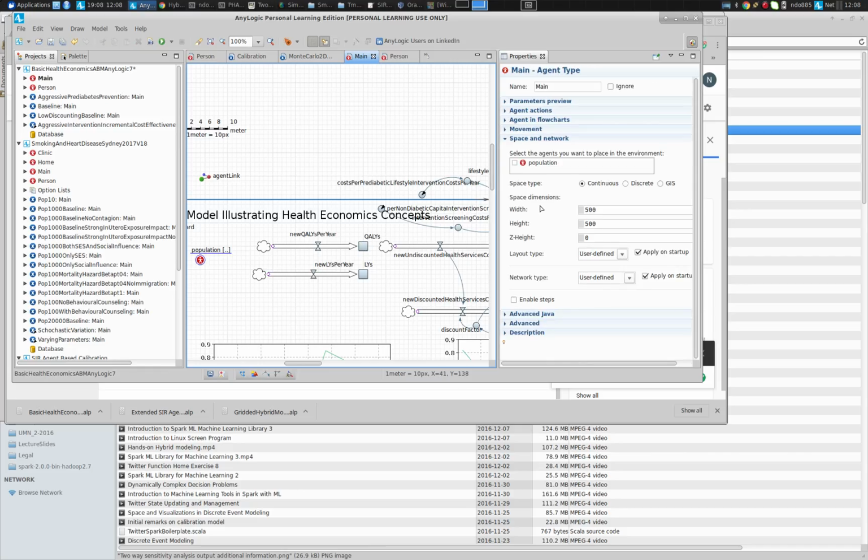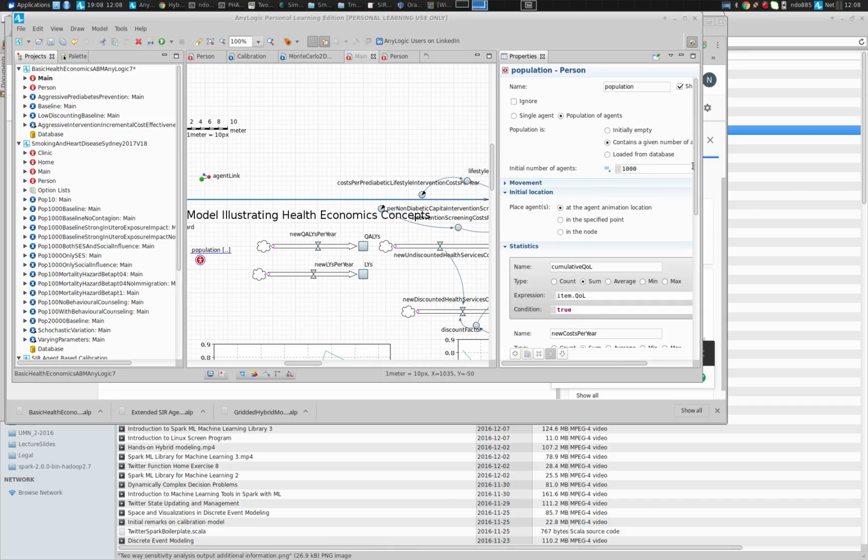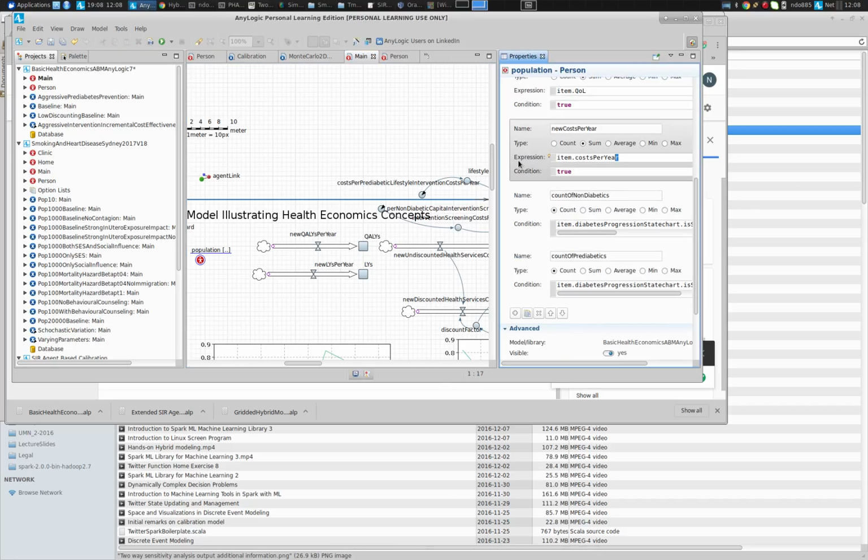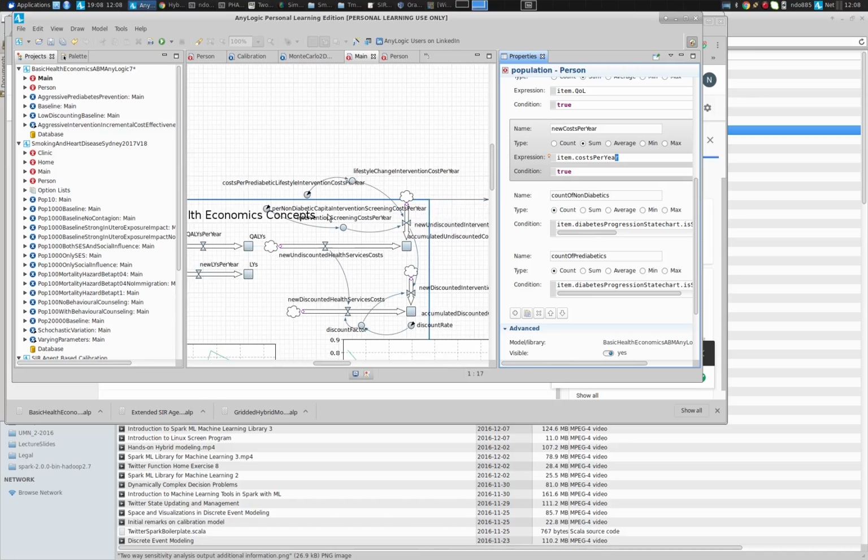Okay. Population, ladies and gentlemen. Cost per year. We're totaling up these costs per year across everyone. This person, $2,000 per year. This person, $1,000 per year. This person, $0 per year. Summing up across those, we get a total number of dollars per year, right? And that becomes a what? That goes to this flow.